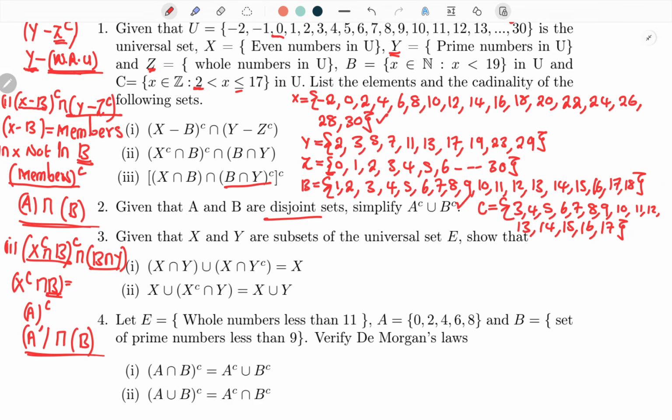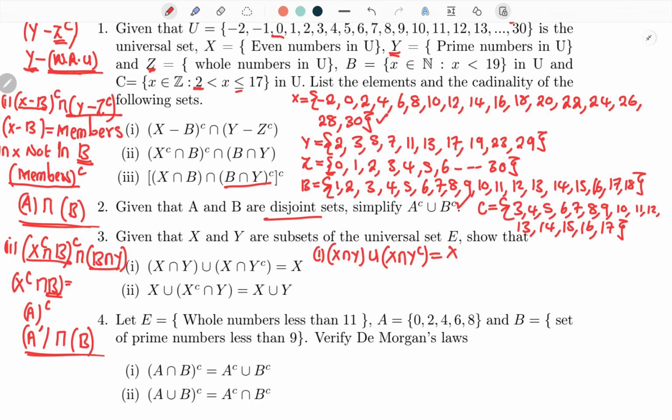Question 3 is simply saying, given that X and Y are subsets of the universal set E, show that, so this is what we have. They're saying we show that X intersection Y, the union of X intersection Y complement is simply equal to X. Now remember what I had taught.